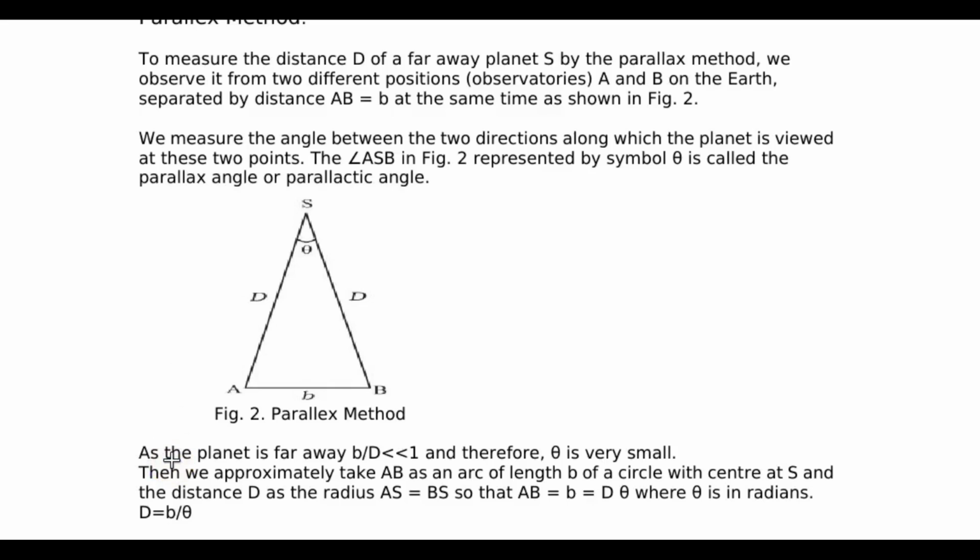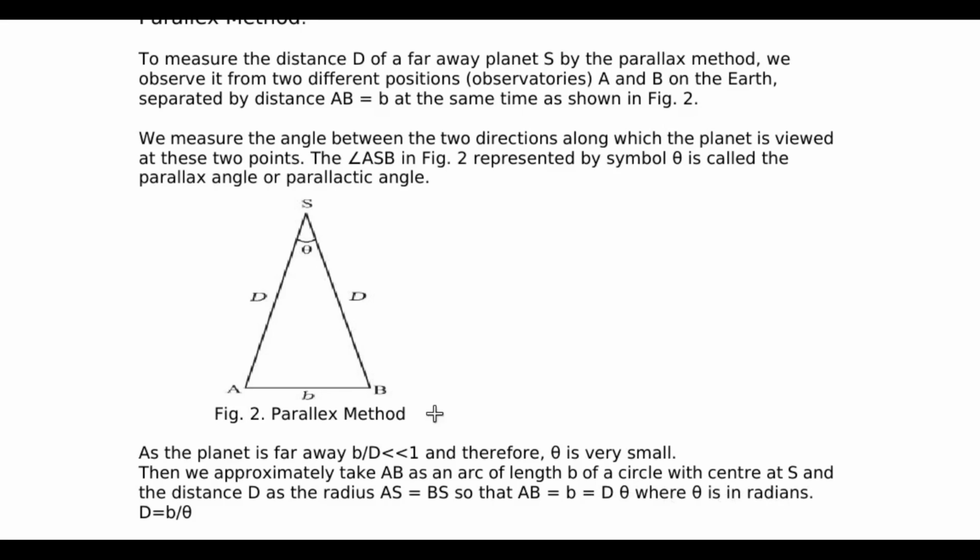As the planet is far away, small b upon capital D is very much less than 1, and therefore theta is very small. Then we approximately take AB as an arc of length small b of a circle with center at S and the distance capital D as the radius AS equals BS, so that AB equals small b, or small b equals D theta, where theta is in radians.